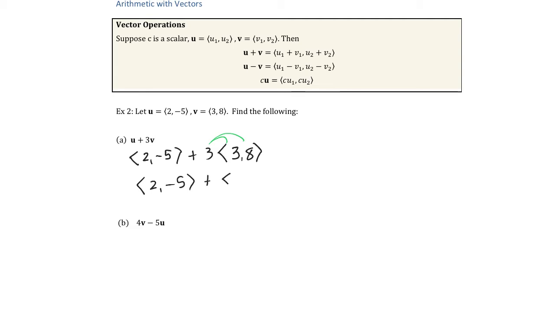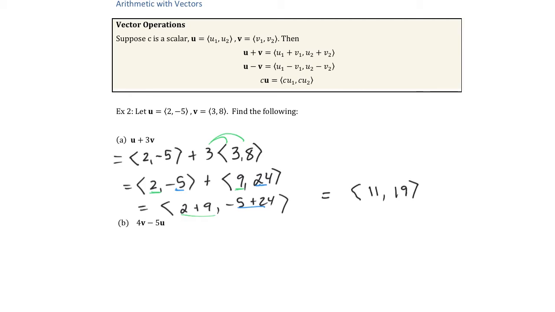So we would have 9 and 24. And then what you're going to do is add the x components, 2 plus 9, so just add these right up. And then we're going to do the same thing with our y components, just adding our y's. So we get a final vector of 11 and 19.